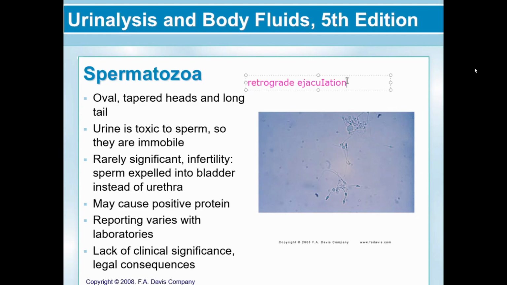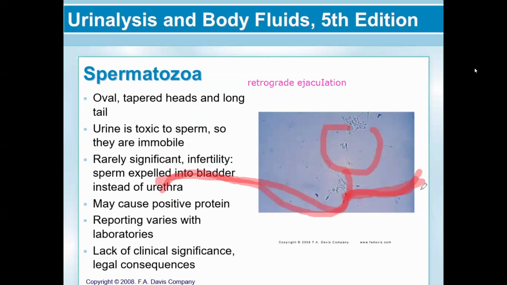Ito yung bladder ng male patient. So ito yung urethra palabas dun sa penis niya. Ito yung dinadaanan ng semen papunta dun sa urethra natin. So guys, pag nag-ejaculate yung lalaki, lalabas, di ba? Isa lang kasi yung labasan ng urine at saka nung semen. So pag nag-ejaculate siya, lalabas dito, papunta doon, lalabas sa penis.